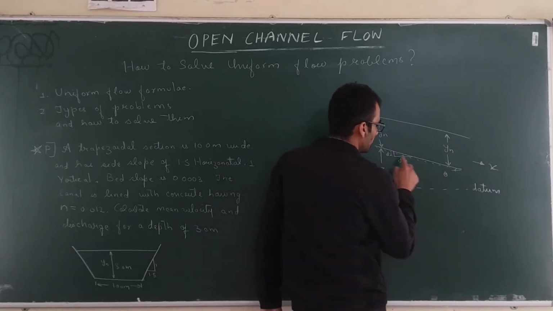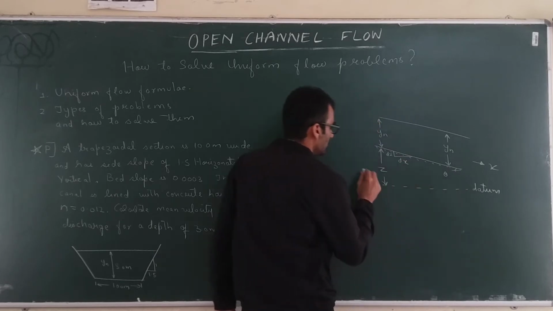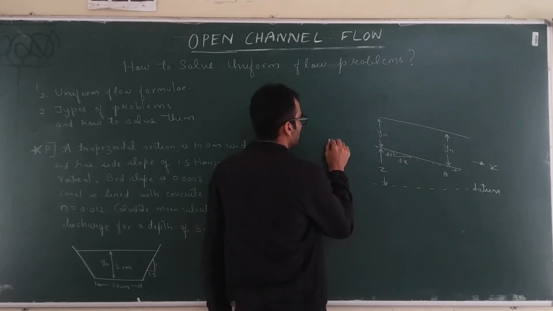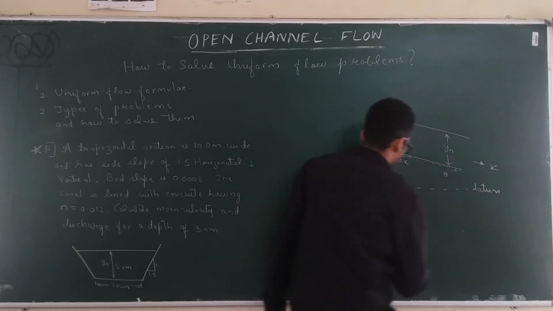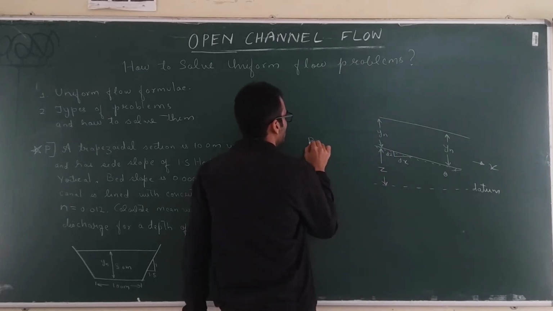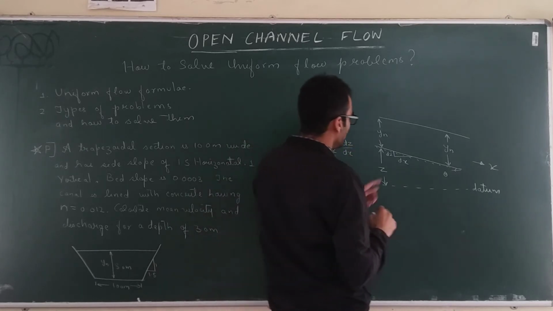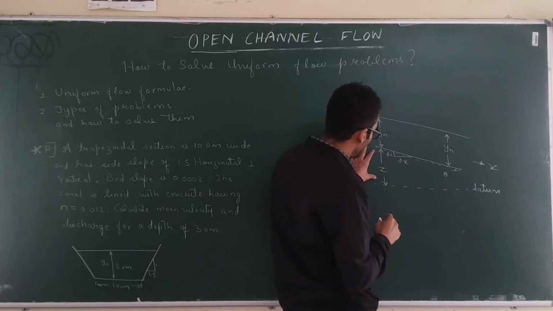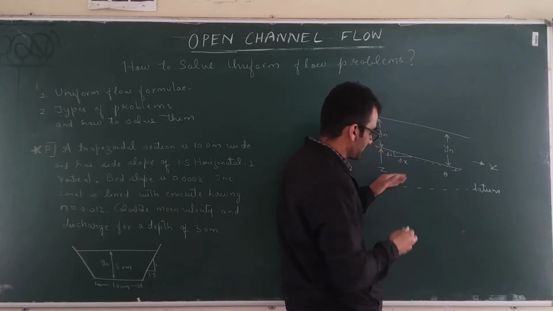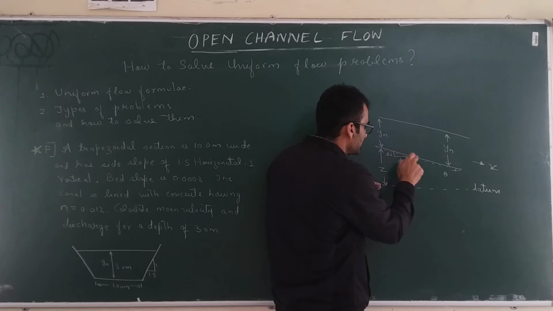So now what is the bed slope? Bed slope will become dz by dx. See, as we are moving along x direction, what is changing for this channel bottom? Z value is changing.